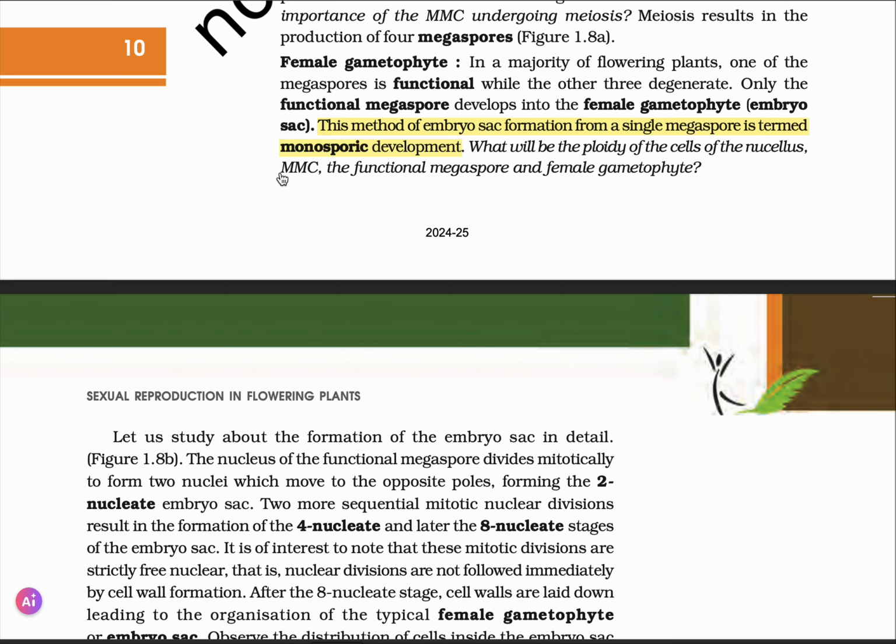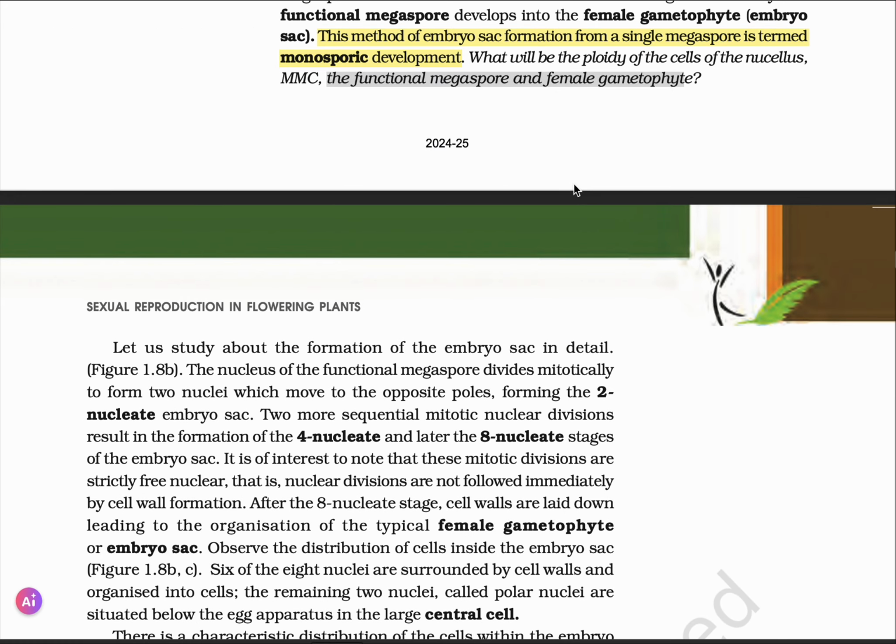So these 3 would have ploidy n, while the nucellus would have a ploidy of 2n, because the MMC has 2n, as it would later go into meiotic division, and the nucellus is food reserve, which does not divide. The functional megaspore and the female gametophyte are haploid.